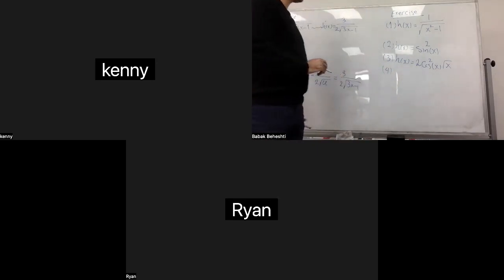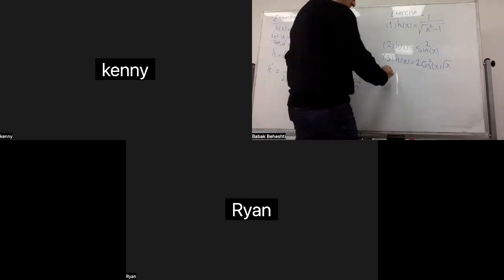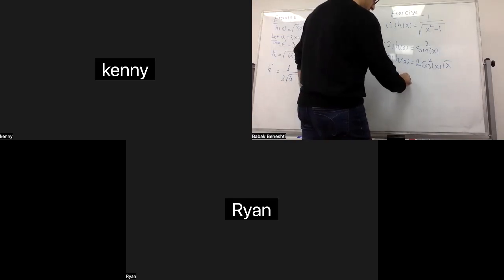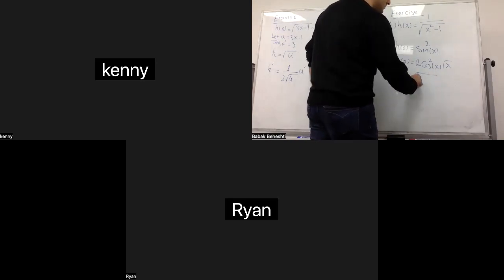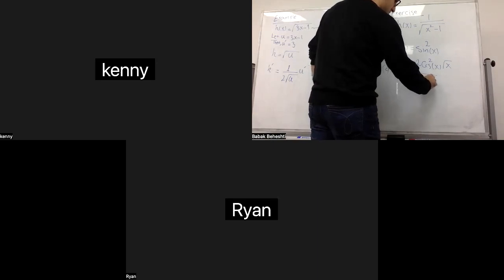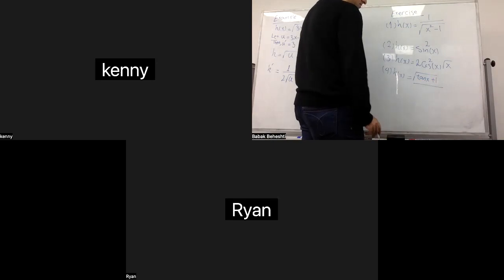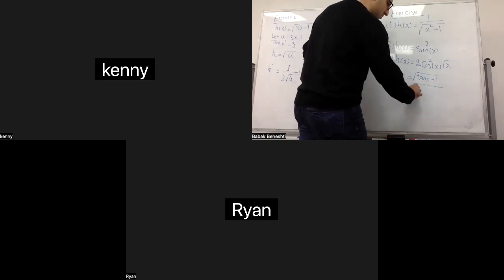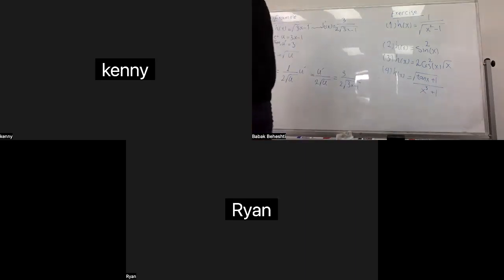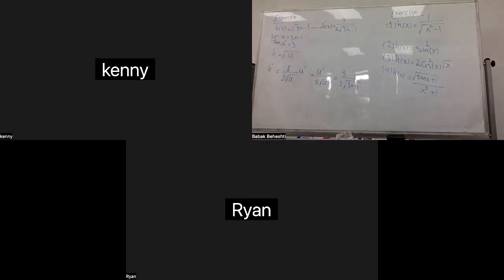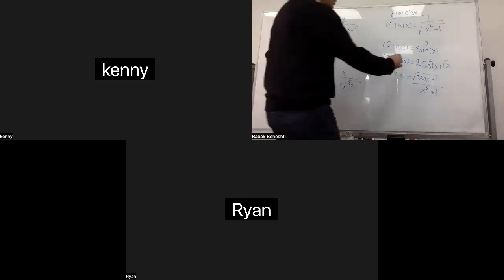Or h of x is equal to the square root of tangent x plus 1 divided by something, and here is multiplication.